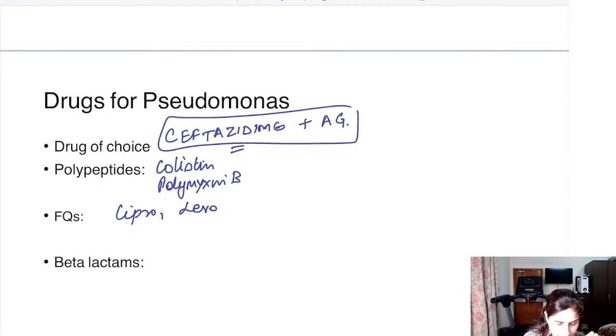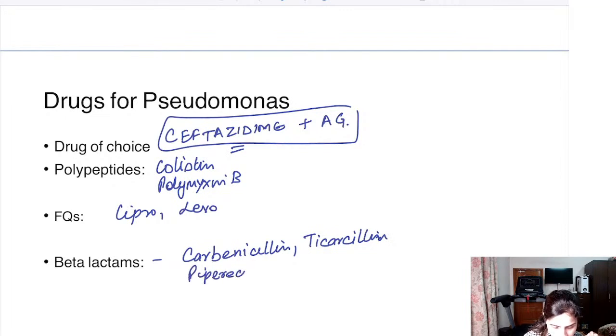Then among beta lactams we can use carbenicillin, ticarcillin, piperacillin, azlocillin.